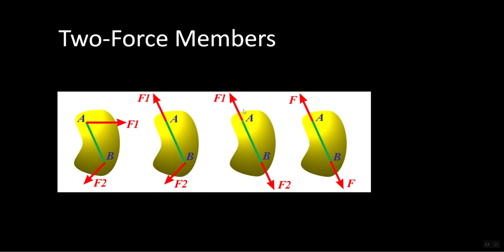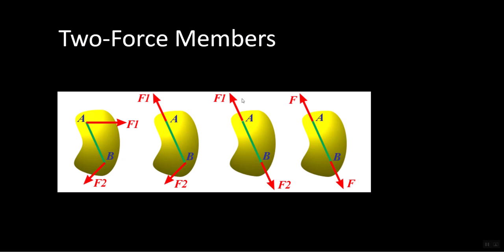Now let's balance the moment at point A. F1 passes through A. Then the moment due to F2 at B should be 0, which means that the force F2 must also pass through B, which means that the forces on a two force member, F1 and F2, act along the line joining points A and B. Now the moment is balanced.